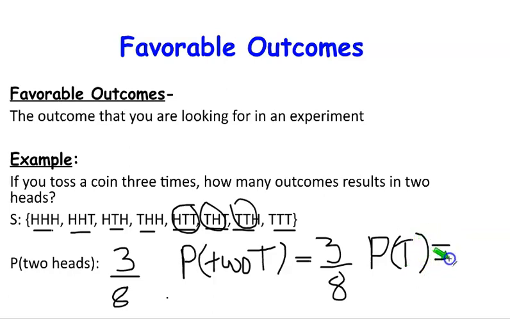Look at all your choices. Where do you see 1 tails? I see one right here. I see one right here. Oh, I see one tails right here. Look at that. Also 3 out of 8. Interesting. And you could go on, make different problems, different examples.